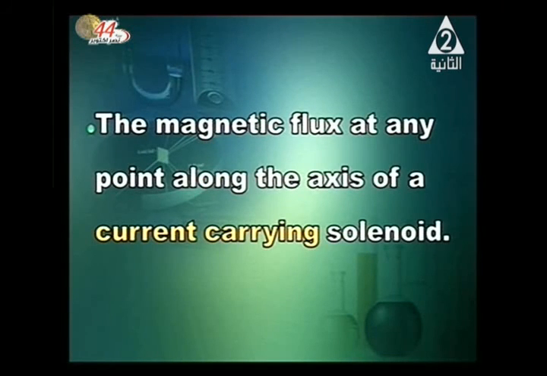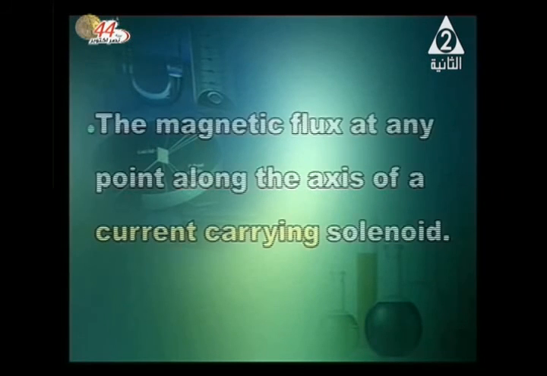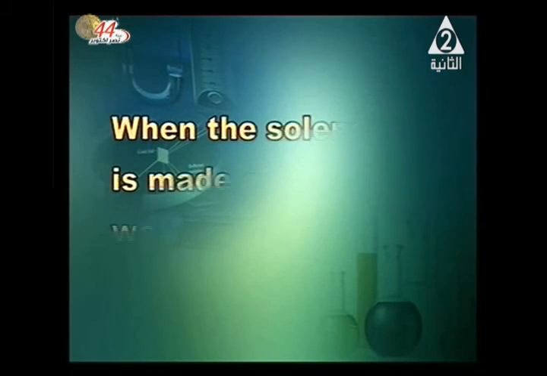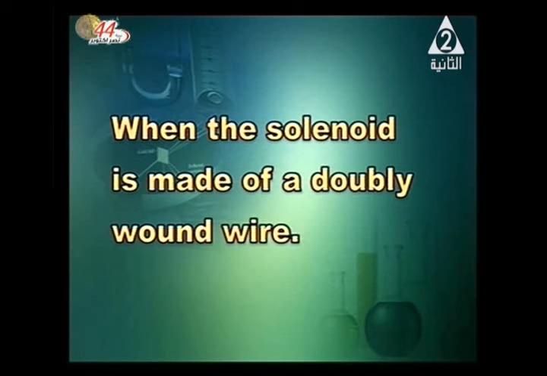When does the magnetic flux at any point along the axis of a current carrying solenoid equal 0? It's easy. It happens when the solenoid is made of a doubly wound wire. So the coil is made of a doubly wound wire, so the field inside it is equal to 0.